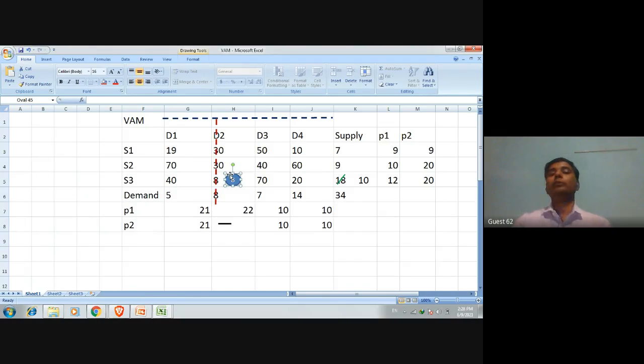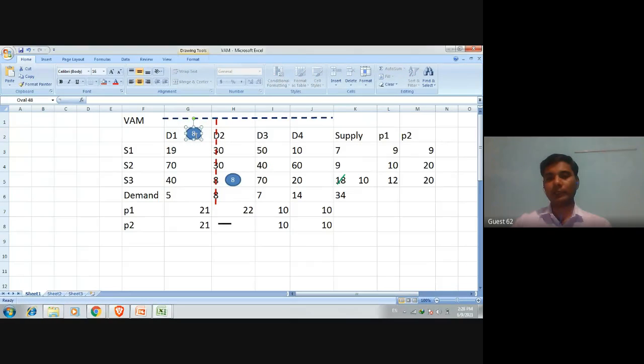So we will allocate the value in 19. How much value can we allocate? The minimum between the supply and demand. Supply is 7 and demand is 5. Which one is minimum? Demand, that is 5. So we will allocate 5 units here.